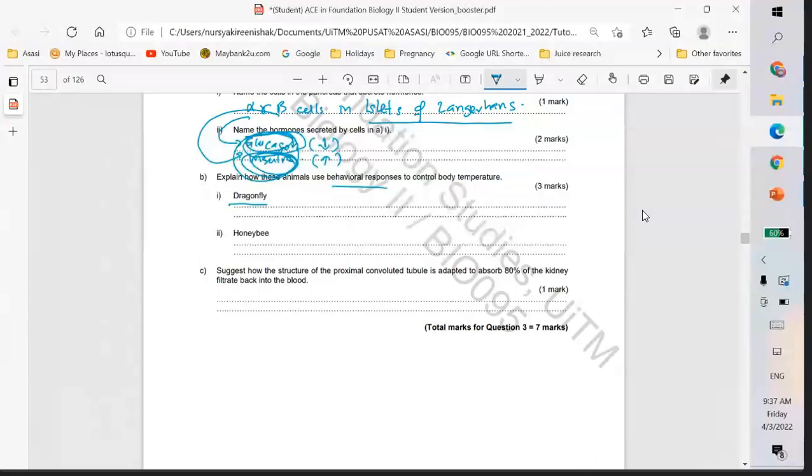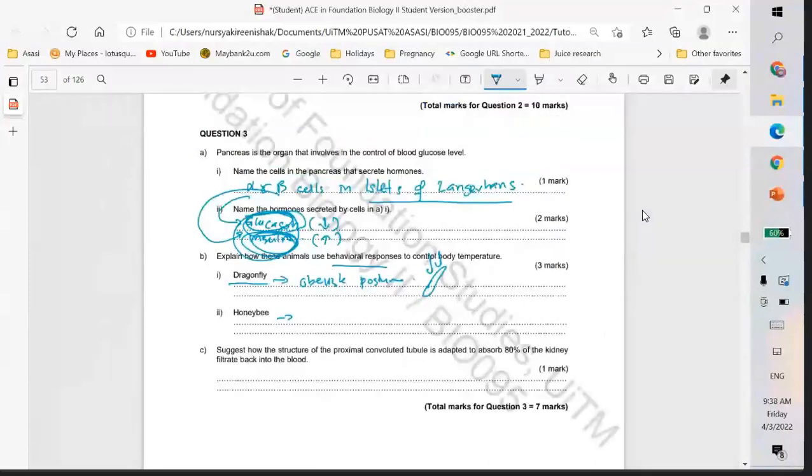Okay, for honeybee, Nabila, please. For honeybee, in hot weather, they cool the hive by transporting water. And in cold weather, they increase heat by huddling together.